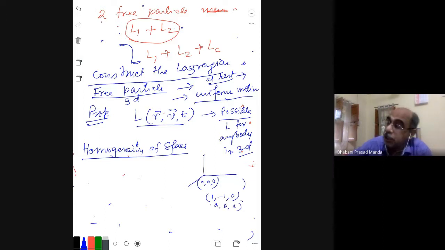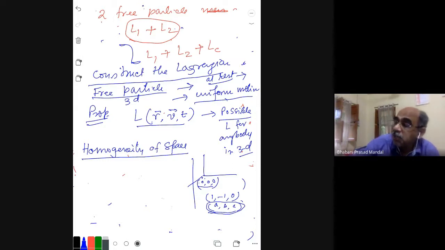It does not depend on the coordinate axis, and the free particle will move with a constant speed all the time. So this is called homogeneity of space.